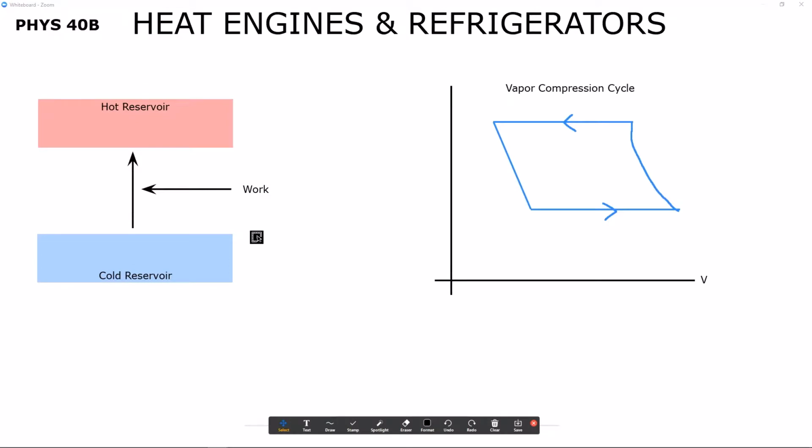And so that idea of a goal sort of brings us to the topic of efficiency. So efficiency, which is also one of the core components of this chapter, is just how effective of a heat engine or refrigerator this cycle is.